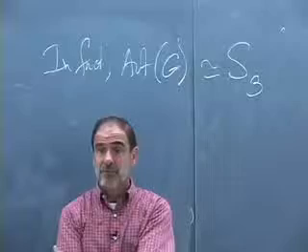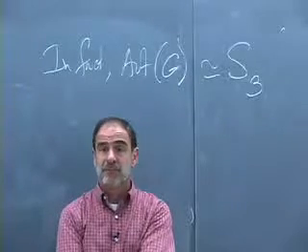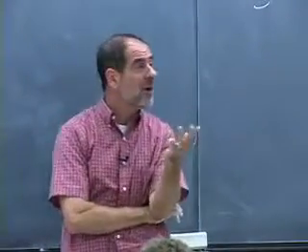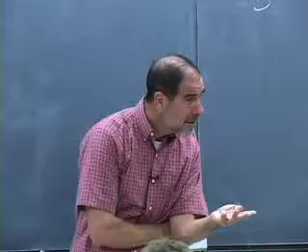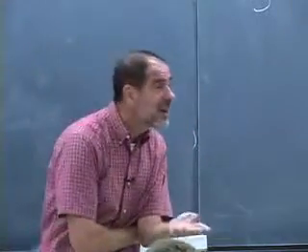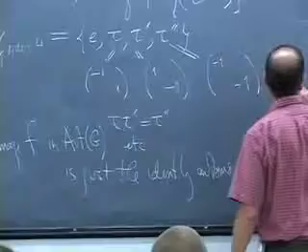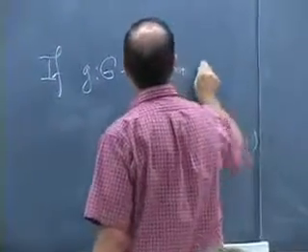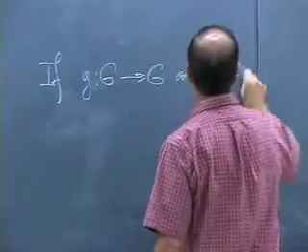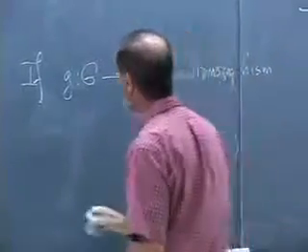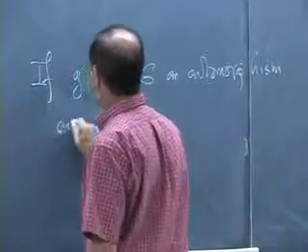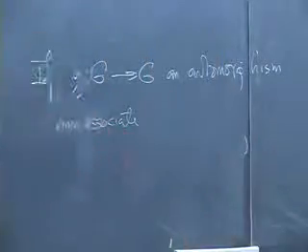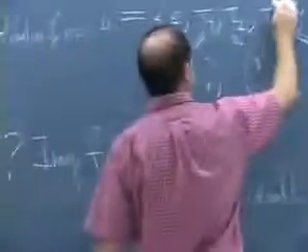It looks like the 3 natural objects would just be tau, tau prime, and tau double prime. The non-identity elements in this group must be permuted by an automorphism. Am I right? Because you can't take them to the identity in an automorphism. So if I have some map from G to G, an automorphism, maybe I'll call these things tau 1, tau 2, and tau 3.